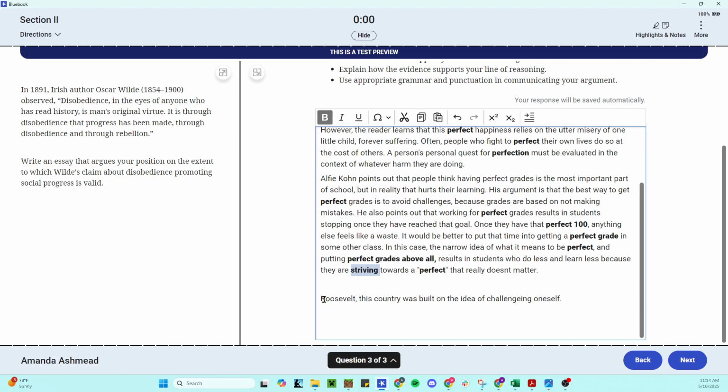So now I've got Roosevelt, and I want to talk about what Roosevelt said. I'm going to put Teddy on there because there's been more than one.